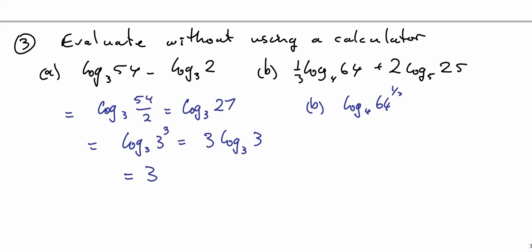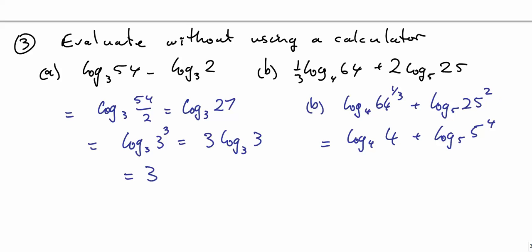Part B, the first expression here, a third log 64, by the power rule is log of 64 to the power of a third, and the second part is log of 25 squared. Of course, that is equal to log to base 4 of the cube root of 64, which is 4, plus log of, and I could write this as 25 squared, that is 5 squared, or 5 to the power of 4.